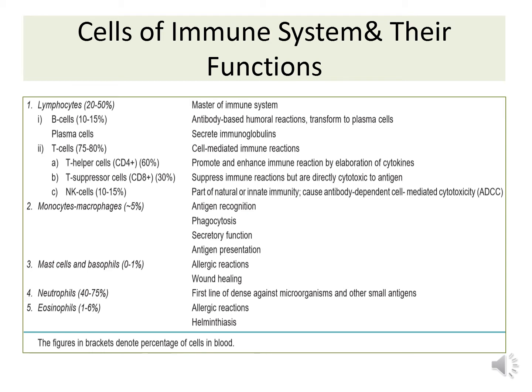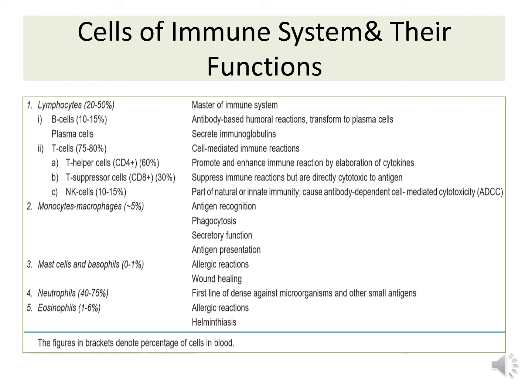Neutrophils, 40-75%, are the first class of defense mechanism against microorganisms and other small antigens. And eosinophils, up to 6%.